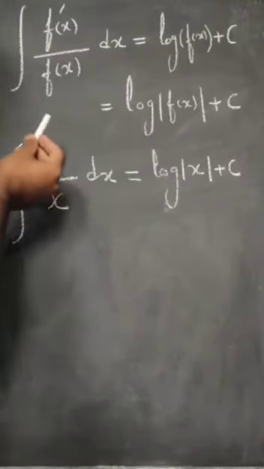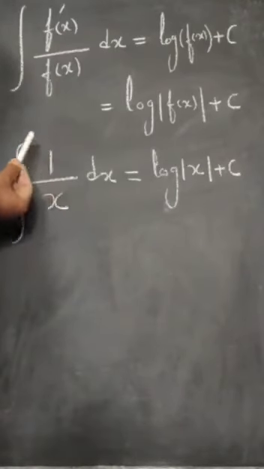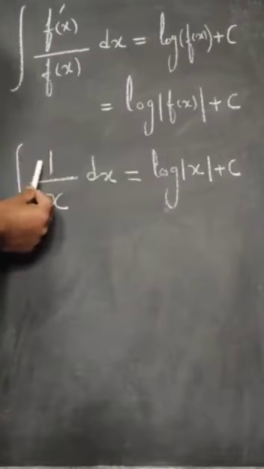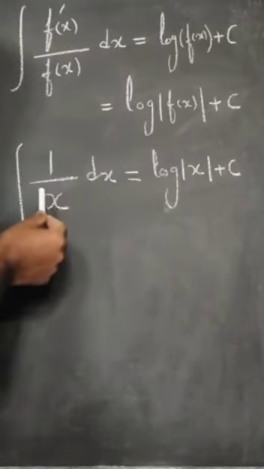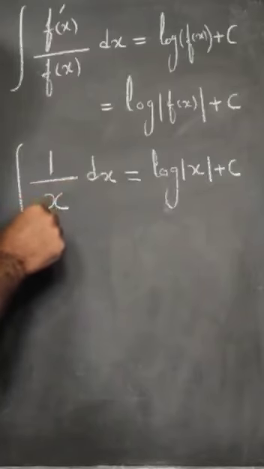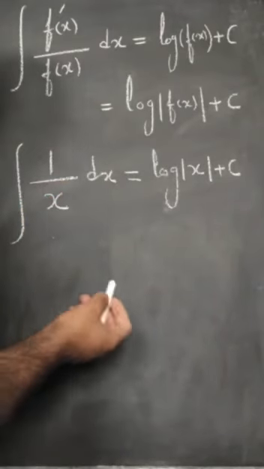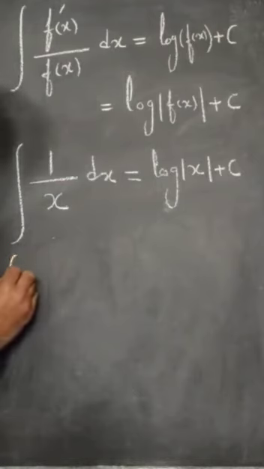Whenever we have derivative of denominator in numerator, at that time we can write this is equal to log of the denominator. So let's take one more example.